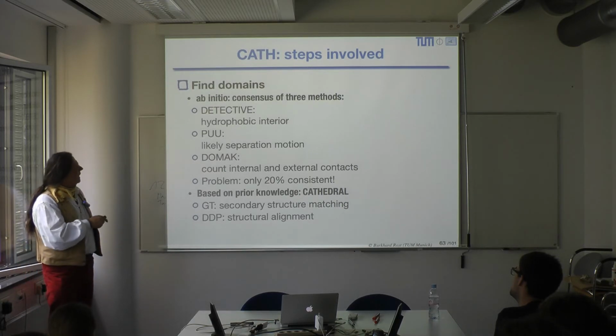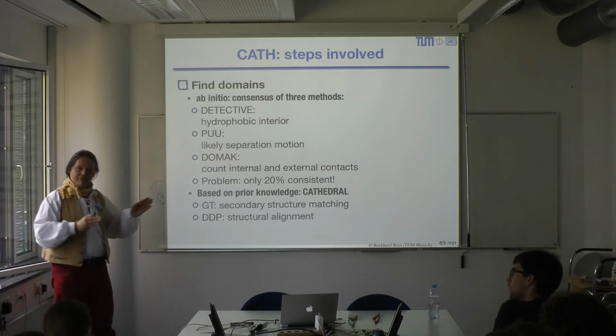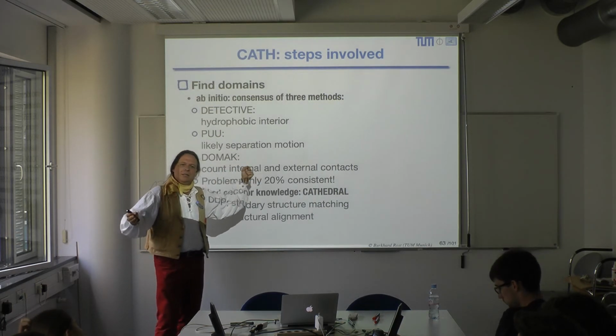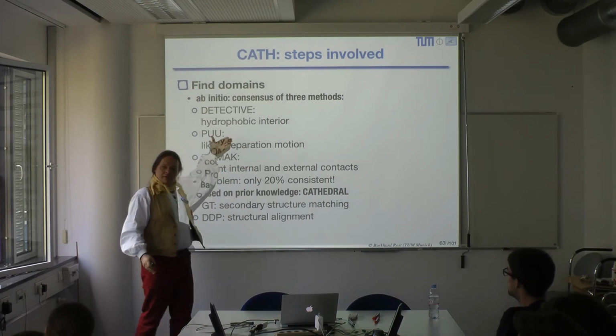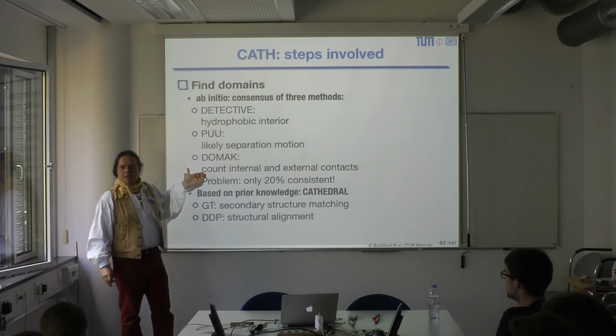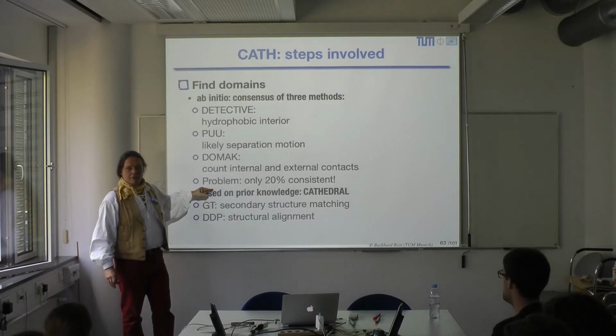Now, the way they do that is they use 3 different domain finders. What the domain finders do is essentially exactly what you do: they find local density. 3 different algorithms. When these 3 find the same solution, which is only the case for 20% of the cases, it's fully automated.